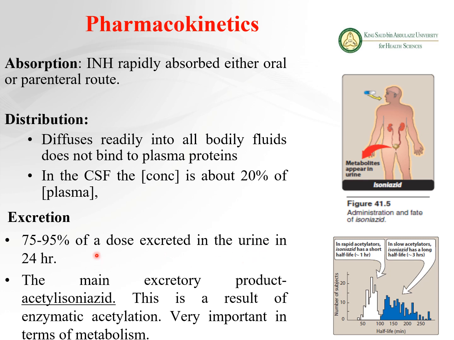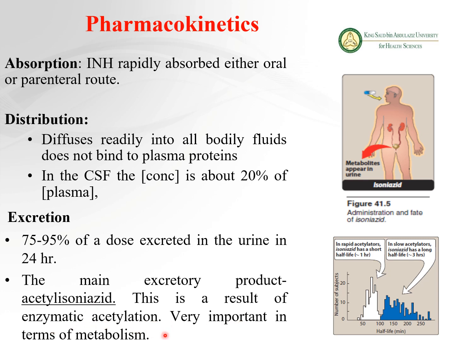One of the main issues regarding its metabolism is that some people are slow acetylators while some are fast acetylators, and this drug has to be acetylated during metabolism. So the main excretory product is acetyl isoniazid, the result of enzymatic acetylation.